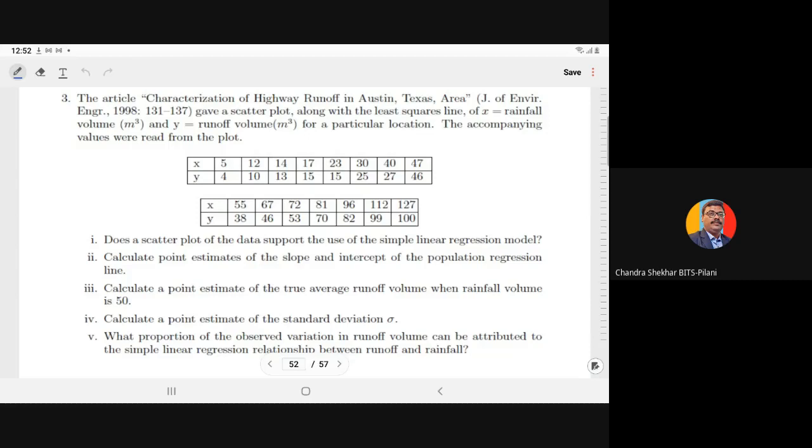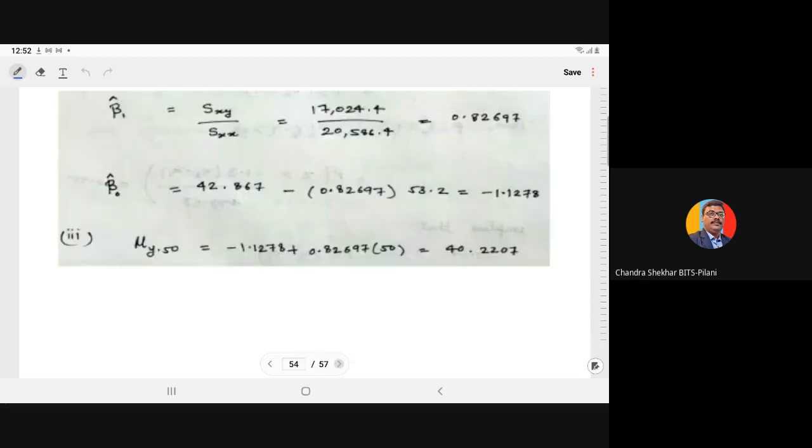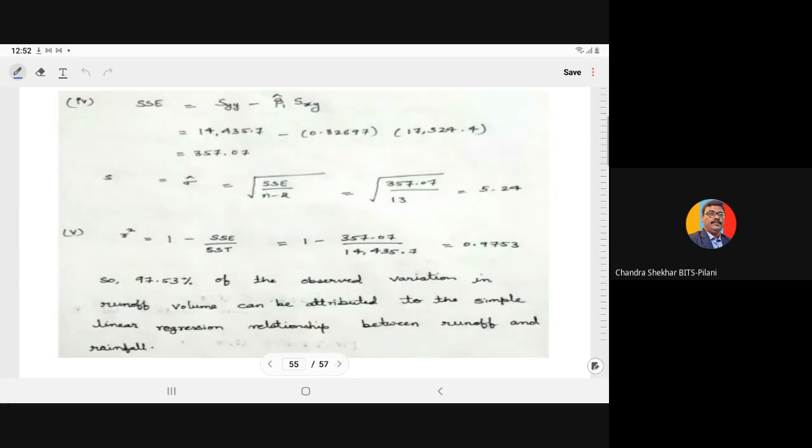Standard error is based on the sum of squares of error, which can be determined as Syy minus beta 1 cap into Sxy. It measures the difference between the projected value and the actual value, which we term as error. All the values you have: beta 1 cap, Sxy, and Syy. So this will come 357.07.